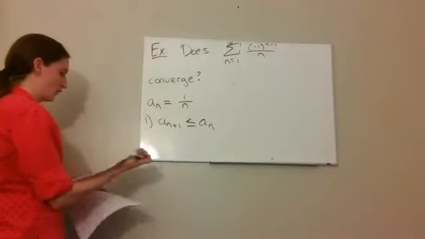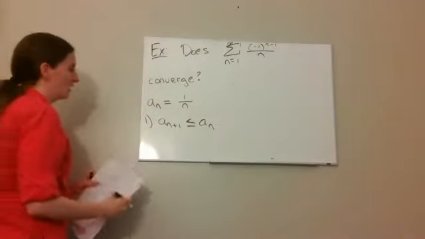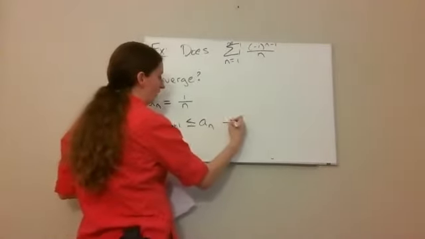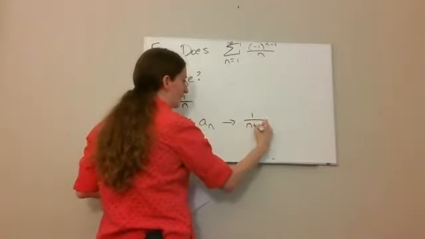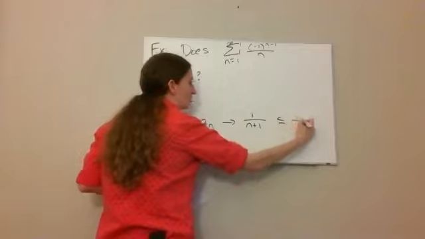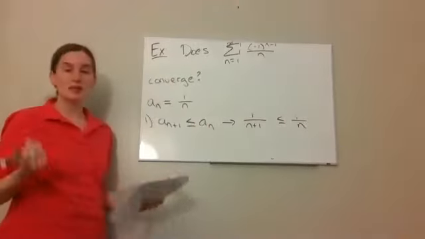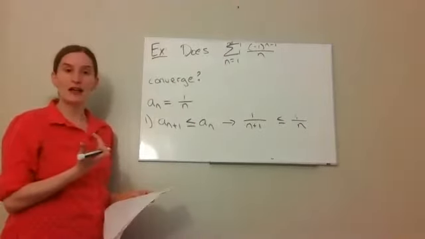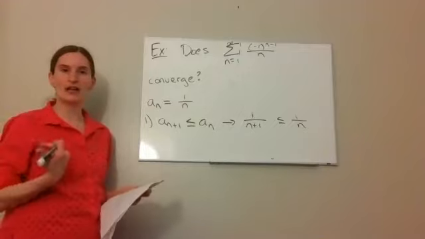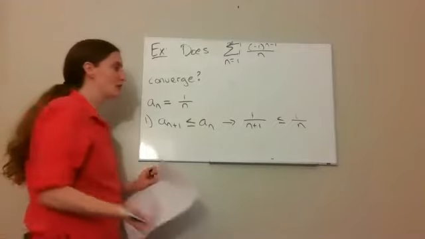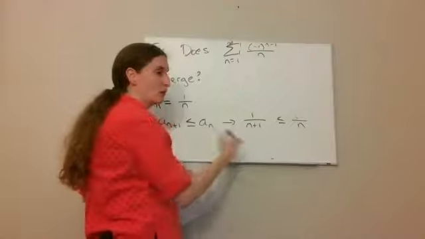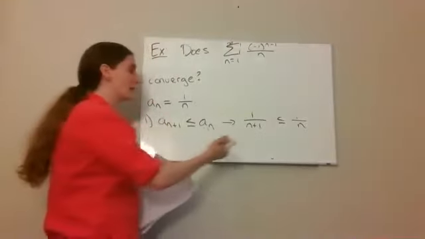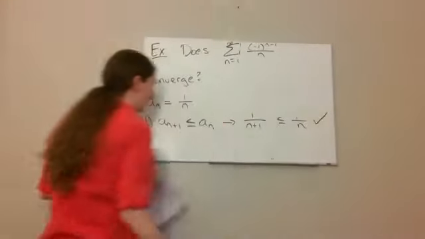Well, let's just find that out. a_(n+1) would be 1 over n+1. Is that less than or equal to 1 over n? Well, we're plugging in bigger and bigger numbers for n, meaning n+1 is larger than n. But when we divide by a larger number, we get a smaller result. So yes, we are decreasing.